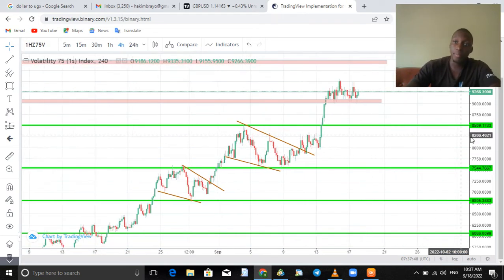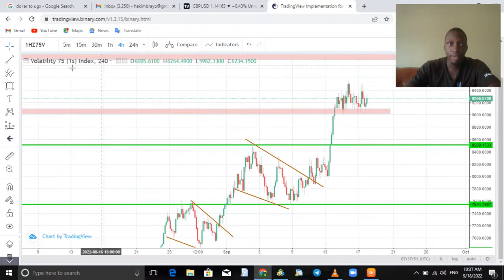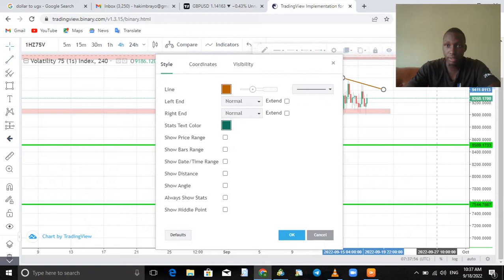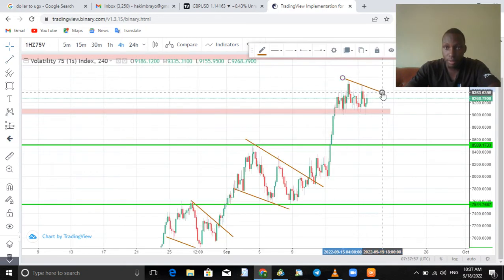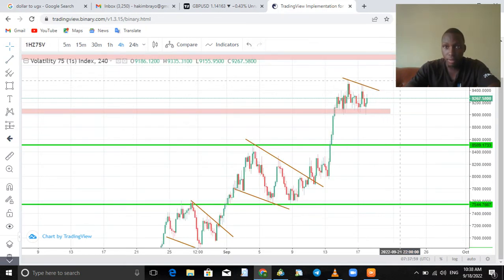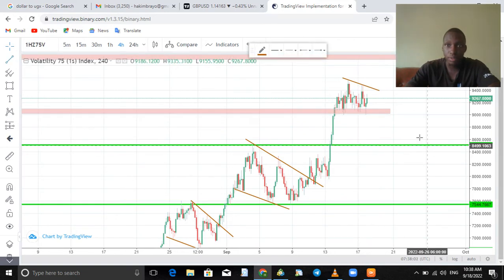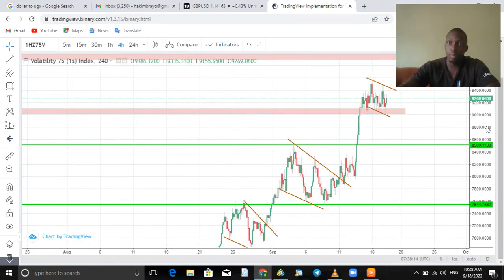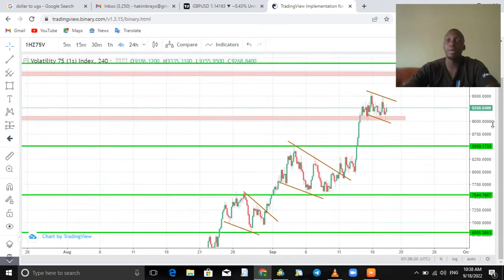Now, if I try getting my resistance and support, so this is our resistance trend line, and I'm going to get that for our support. Let me take this recent lows. Now we can clearly see that we also have another bullish flag which hasn't broken this recent lower highs to continue pushing to the upside.